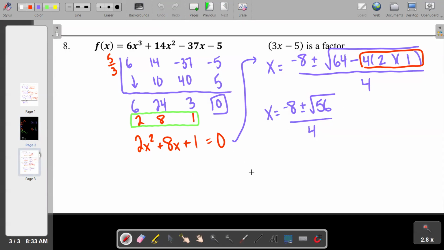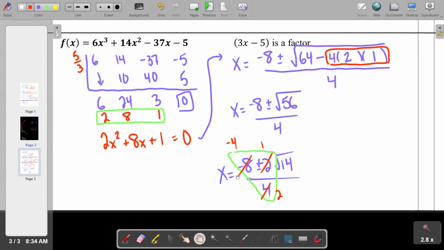So we currently are sitting at x equals -8 plus or minus 2 roots of 14 all over 4. And the Dorito shows himself again, the guacamole Dorito. What can you divide all those guys by? So that becomes a -4. That becomes a 1. That becomes a 2.